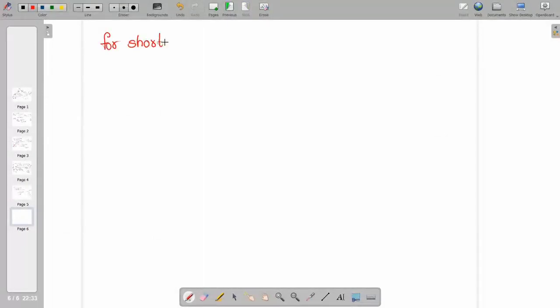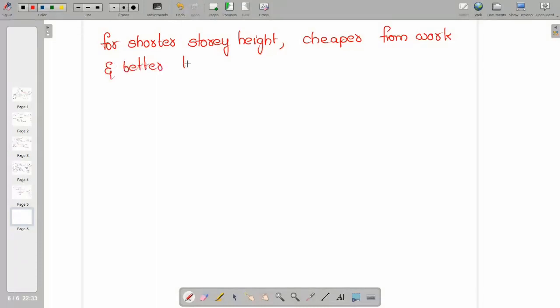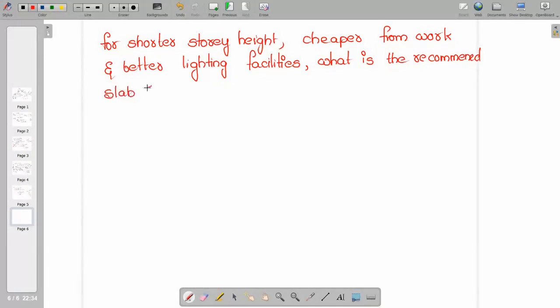For shorter story height, cheaper formwork, and better lighting facilities, what is the recommended slab floor?